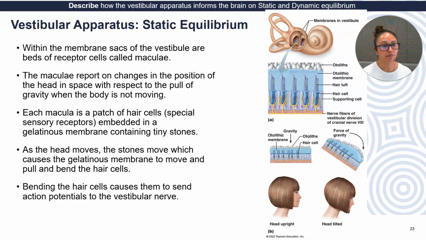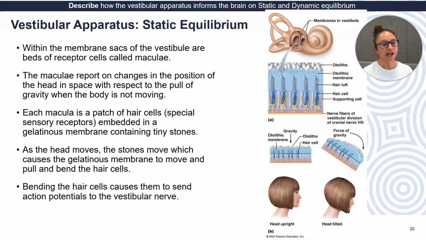This static equilibrium is watching what your head is doing in the context of gravity. How is gravity working on your head? When you go up or down in a lift, you'll feel it. When you stop in a car, your body isn't moving, but the car stops suddenly, you feel it. When you're not moving, but your head is tilted, you feel it.